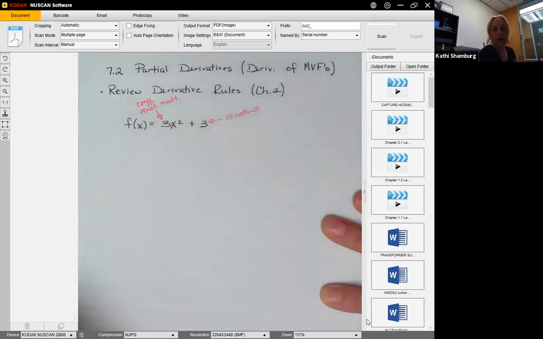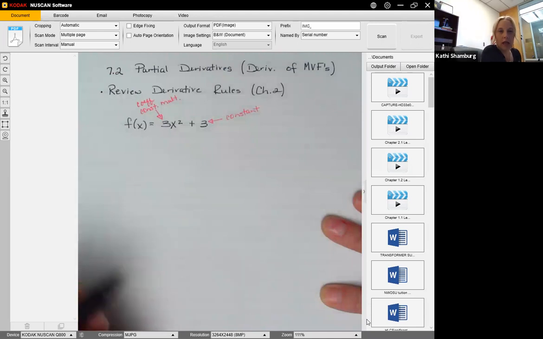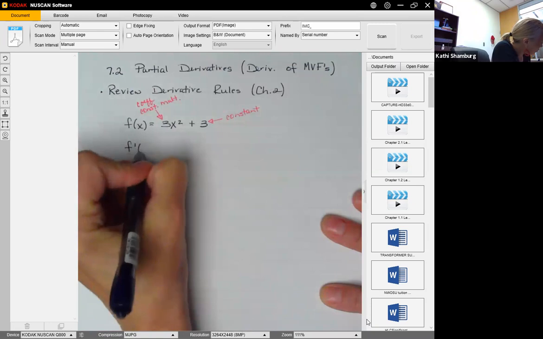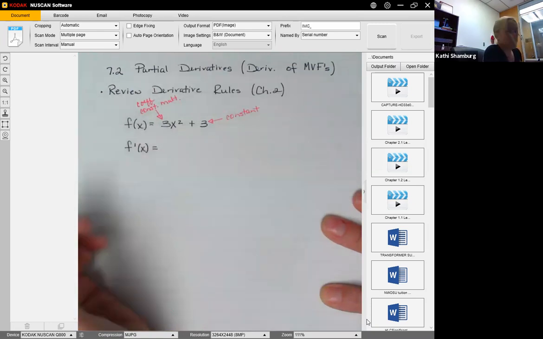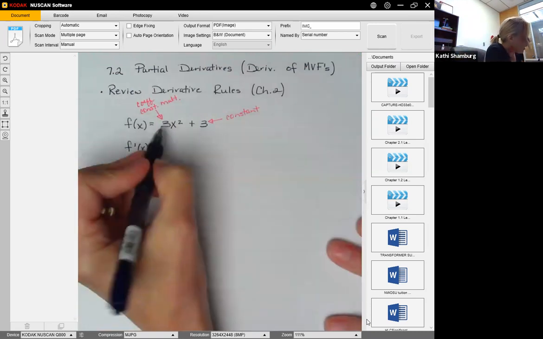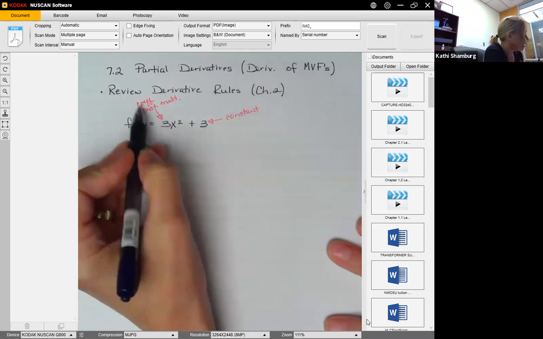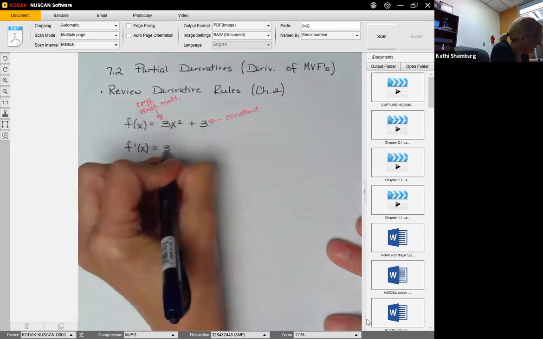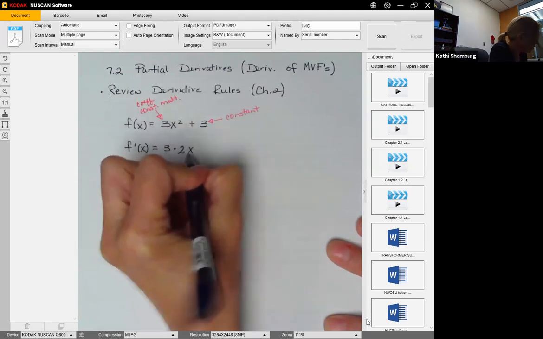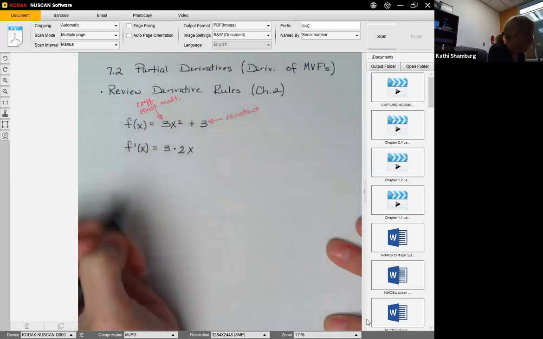Now, the reason I want to point that out is I want to look at and let's remember how we treated those values when we are taking derivatives. So if we're going to take the first derivative, then we've done it so often now we go straight to it. We may even forget what the rule is called, but we treat the coefficient constant multiple, meaning we just leave it there, times, and then of course we bring this 2 out front, x to the 2 minus 1, which is just 1.